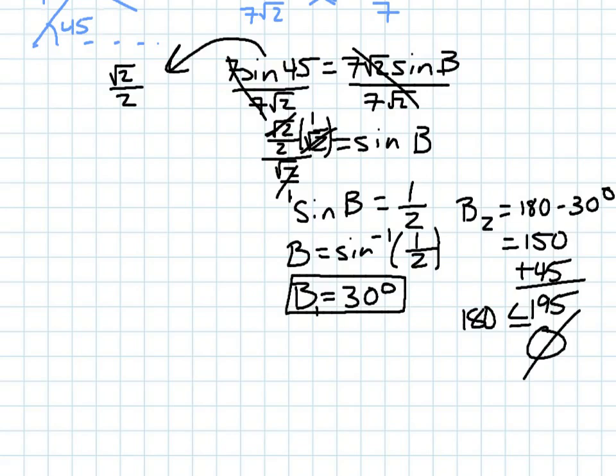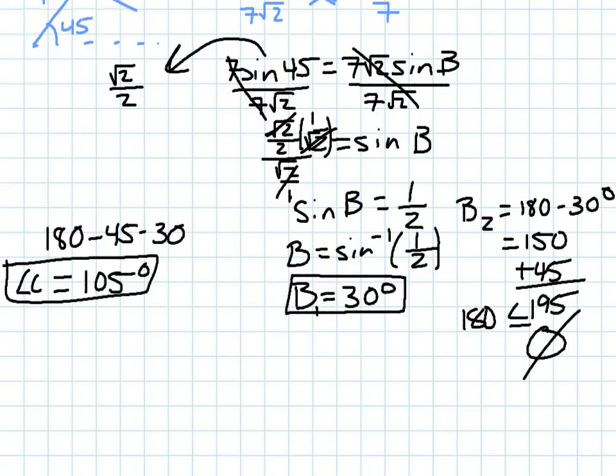So I need to find angle C. So 180 minus 45 minus 30, so the two angles that I'm given, gives me 105 degrees. Okay, so there's the third angle.